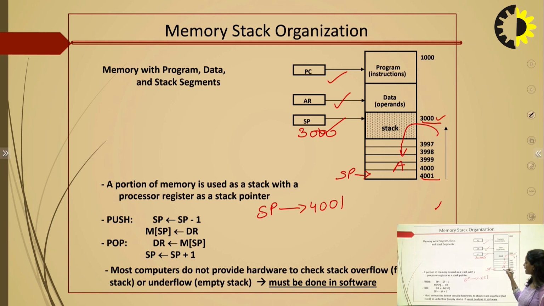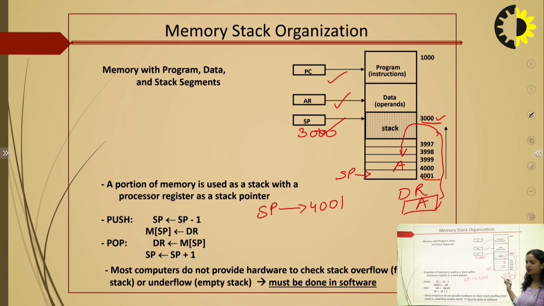So we are considering that this stack is totally empty and we do not have any operands in this stack, and I want to insert this A from outside, that is from the data register. We can say this is A, it will be stored in your data register, DR, and I want to put this A at location 4000.